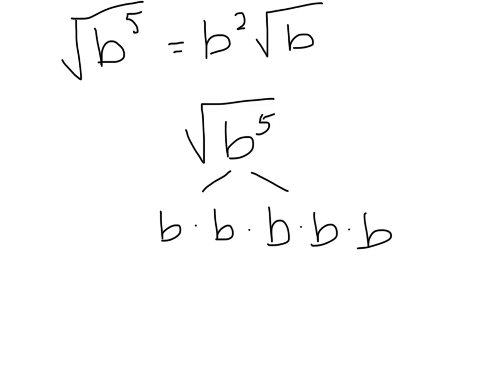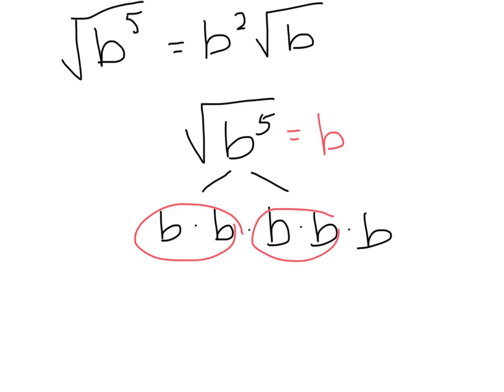Again, when I do a prime factorization or a factor tree, I want to look for pairs of the same number. So right here, I have a pair of b's. In other words, I have b squared. The square root of b squared is simply b.